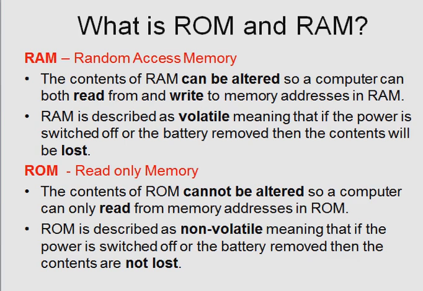We cannot change the matter inside ROM. We just fix our ROM into the computer, and the files present in the ROM are used by the system only. ROM is described as non-volatile, meaning if you switch off your computer, the files present in the ROM will still be present.